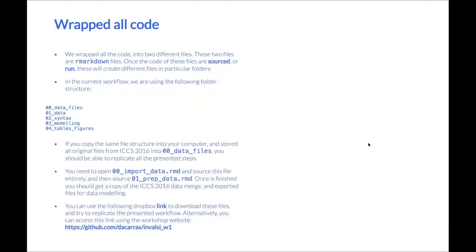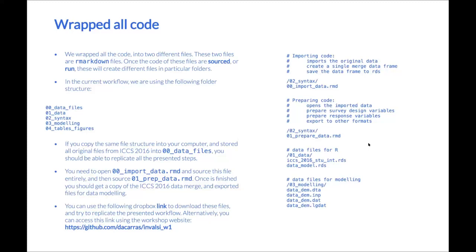And if we wrap everything up, we're just using two code files. One is this file called import data, which is going to take all the files and create a single object, and then the file of preparing data, which is going to create the merged files and at the same time export the data that we need for the statistical model that we want to feed at the end of the exercise.